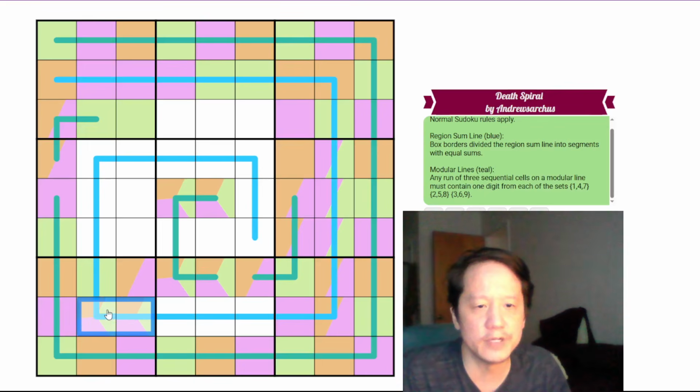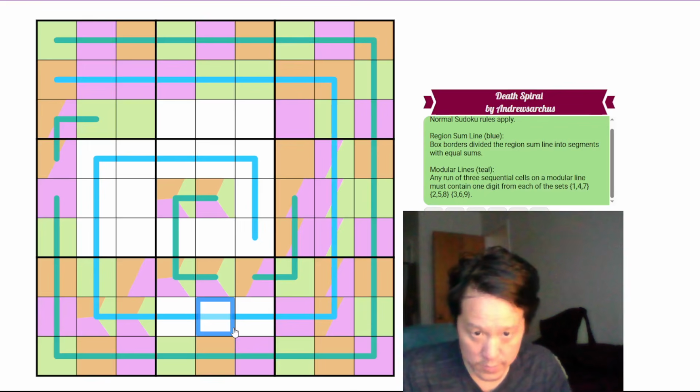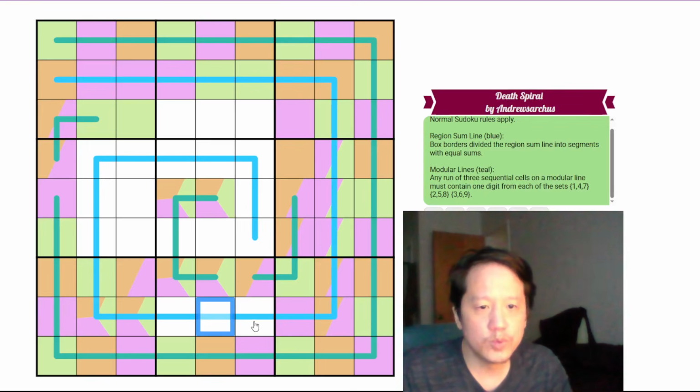So this is green. One of those is green here. We cannot have double pink here. And it can't have double green here because one of the greens is here. So that means one of these is green, which means this is green with double orange.